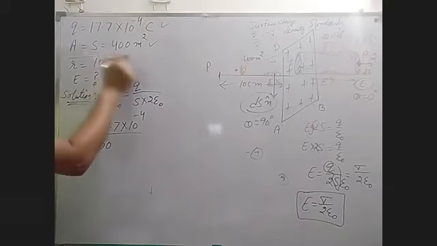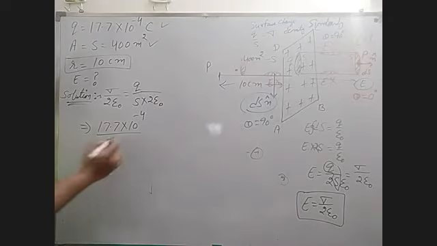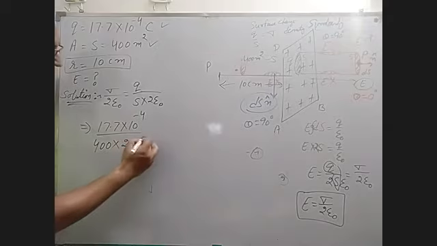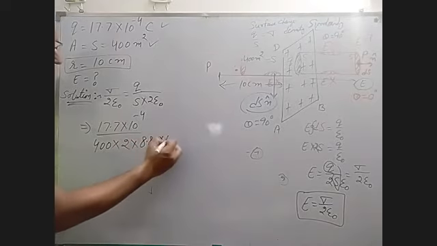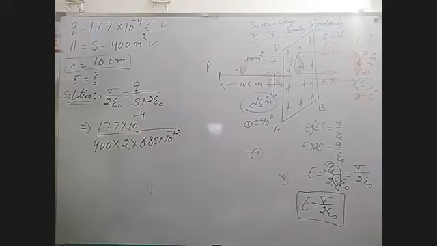And there is no need of r. You can see in the formula there is no need of r. It does not depend on the distance, how far from the sheet point P lies. Now 400 into 2 into, what is the value of epsilon naught? 8.85 into 10 raised to the power minus 12.